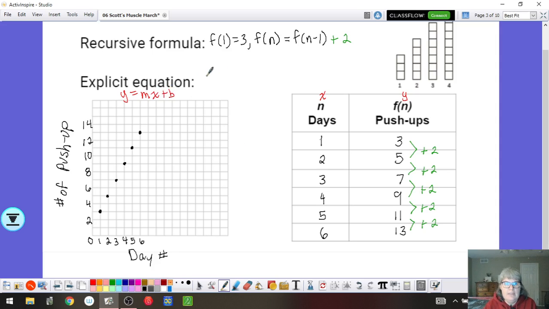So the y is f of n equals, I'm going to have some number n, because we said n is like saying x, plus another number, because a linear function takes on this form. Now, this number that goes before the n is like m. That's the rate of change. That's our slope, which is that constant difference. So I'm going to have 2n, and then what I need to find is what the y-intercept is.